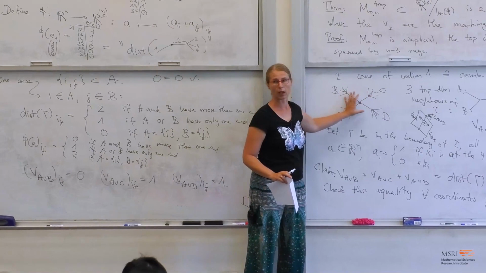So now we want to define weights for our image fan. Weights for the image fan: the push-forward of sigma 1, for such a cone sigma prime in the image. What we do is we sum over all cones in sigma 1 that hit this cone, such that f of sigma is sigma prime.